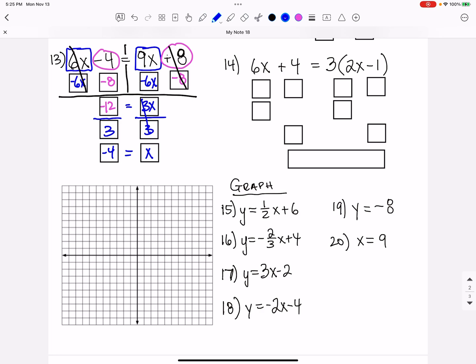All right, same thing over here. You're going to get something down here. What does that mean? You're going to get something equals something. So we've got Starbucks order over here. We've got 6x. And then we've got 3 times negative 1 is minus 3 equals 6x plus 4.